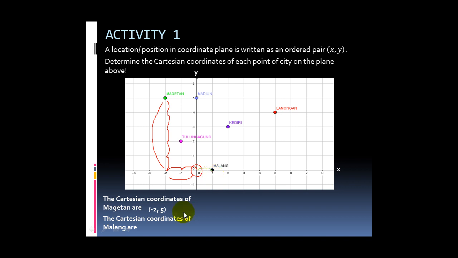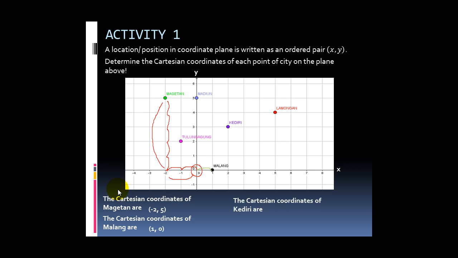Okay, we can write the coordinates as (1, 0). Jadi tidak ada naik atau turun, maka nilai y koordinatnya adalah 0.